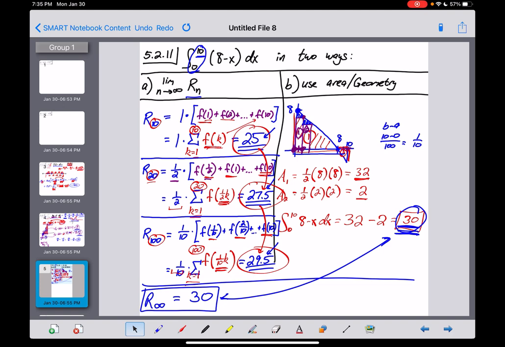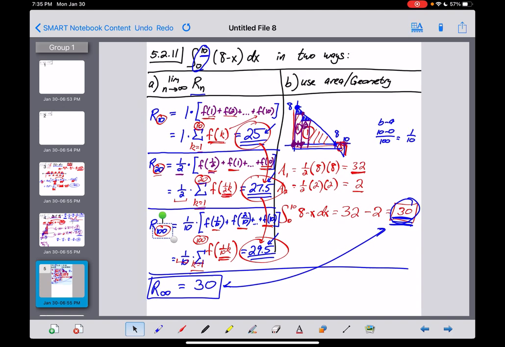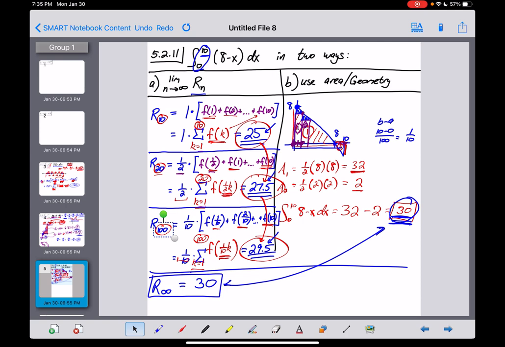So what do I want you guys to take from this big, ugly problem here? If you can use area and geometry, that is much, much faster than trying to evaluate a limit as n is approaching infinity. But either way you do it, we end up with the same answer here of 30.